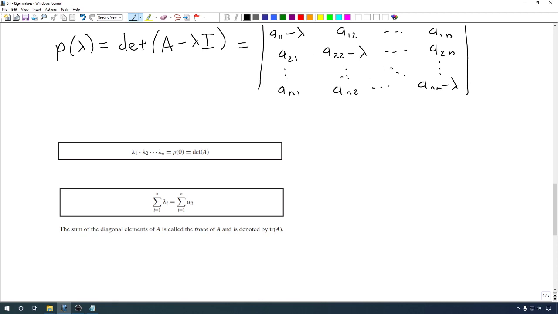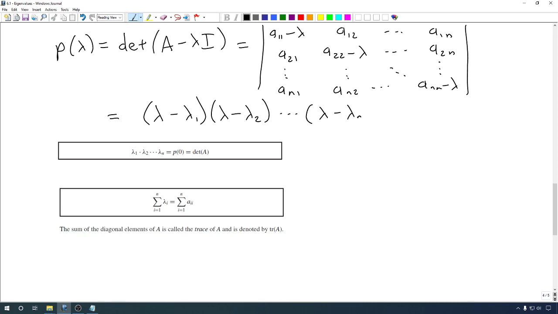But it also turns out that because the eigenvalues are the solutions to this, the roots of this polynomial, we can write this polynomial in terms of those roots. We can write it as lambda minus lambda 1, where lambda 1 is our first eigenvalue, then lambda minus lambda 2, where lambda 2 is our second eigenvalue, and so on and so forth.